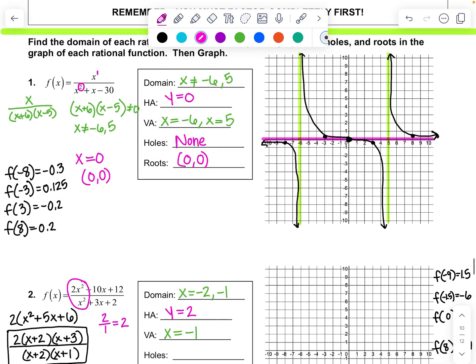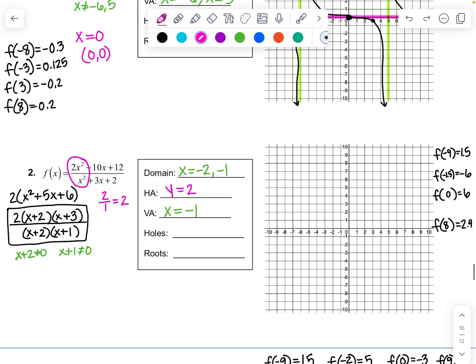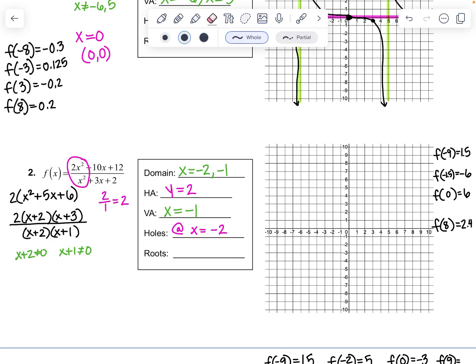All right, and then looking back up here to the holes and the roots, the last couple things we have. For the holes, it's if we have some factors in both the numerator and denominator, which we've already seen. The x plus 2 shows up in the numerator and denominator. So if we were to solve that, we would have a hole at x equals -2. Okay, so we're still solving, but because that's repeated in numerator and denominator.